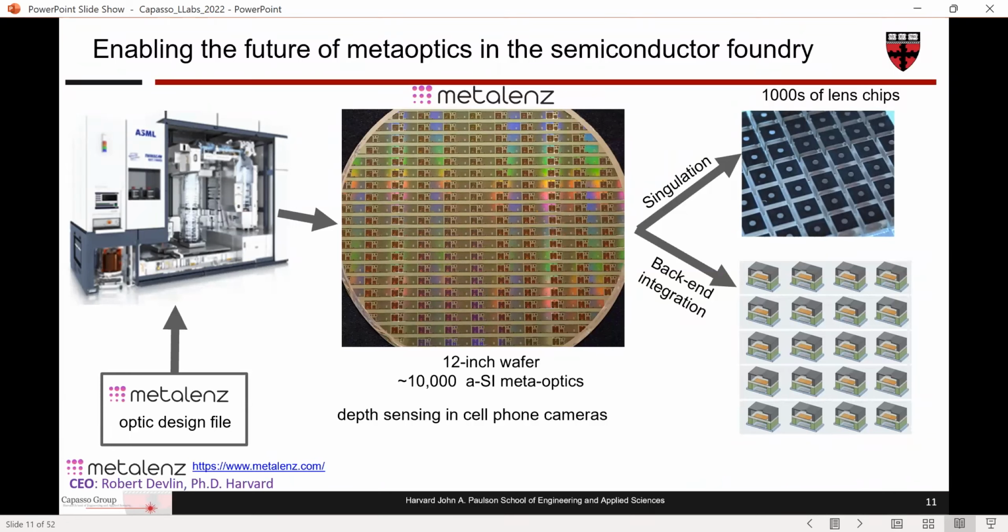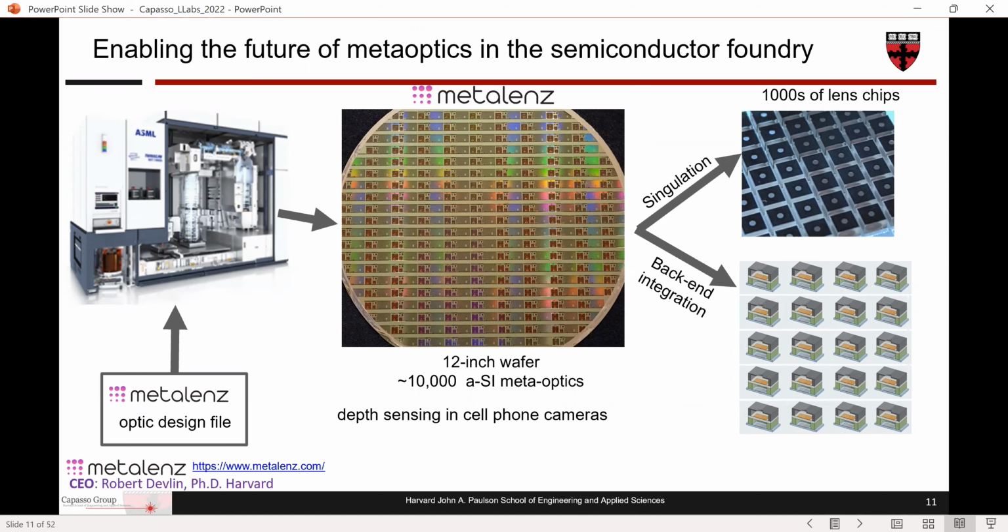What you see at the center is a 12-inch wafer of glass with 10,000 amorphous silicon metaoptics, which are designed for the wavelengths of vertical cavity surface emitting lasers. The target markets are, for example, face recognition in cell phones and so forth. So this is quite exciting news.